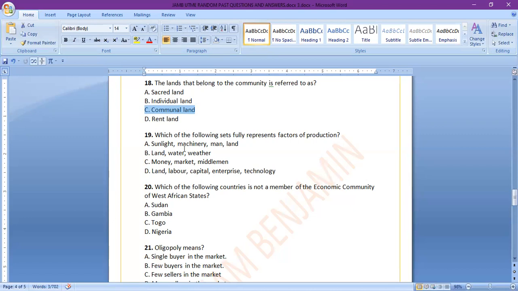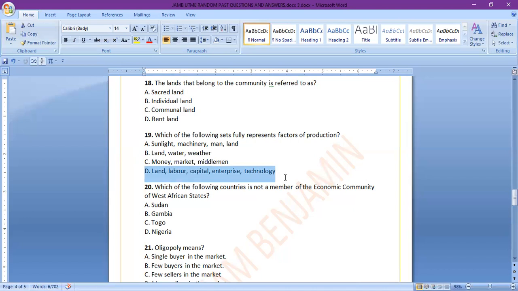Yeah, so this question is very, very simple, except for the addition of technology. Maybe that's when it will confuse some other people, because in some books you see only land, labor, capital, and enterprise, while some do add technology to it. But the major factors of production are land, labor, capital, enterprise, and their rewards are what?